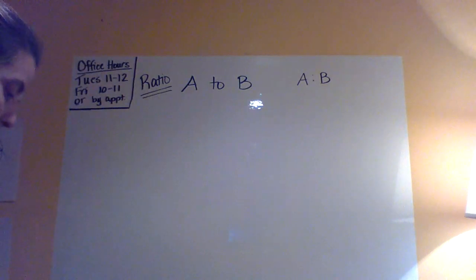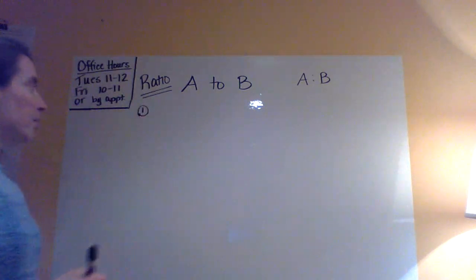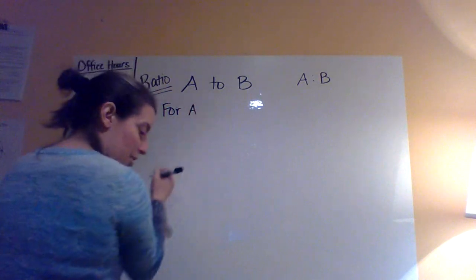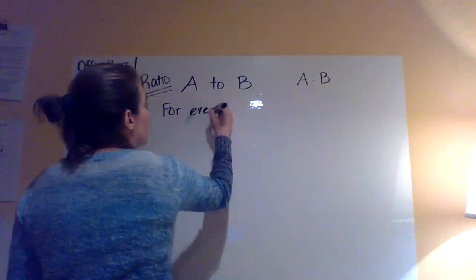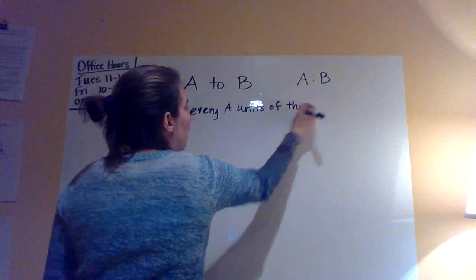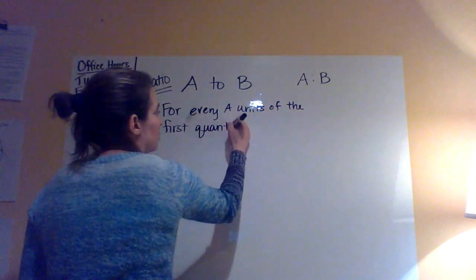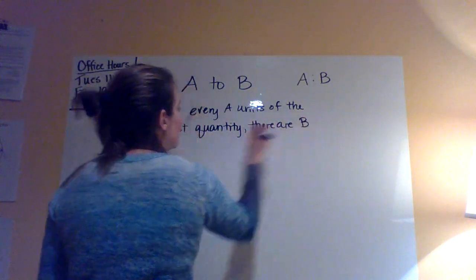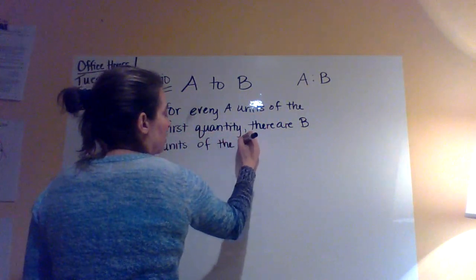Okay. So there are a couple different ways we can think about ratios. One definition we can have is: for every A units of the first quantity, there are B units of the second quantity.